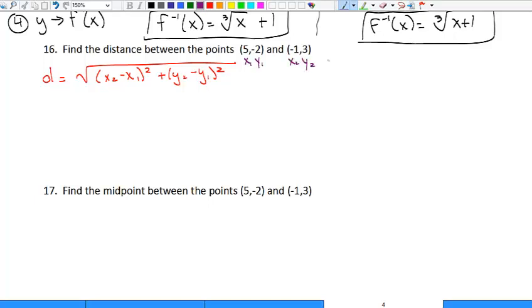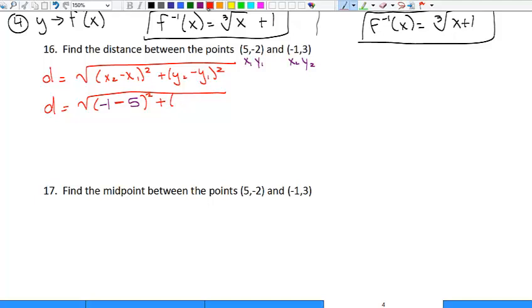The other thing I highly suggest is that you label your x1, y1, and x2, y2. So I have d equals the square root of, parentheses, x2. My x2 is -1. But then I have a red minus because there was a minus in the formula. Then x1, which happens to be 5, parentheses squared, plus y2.